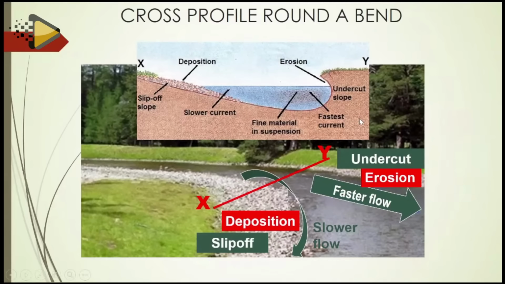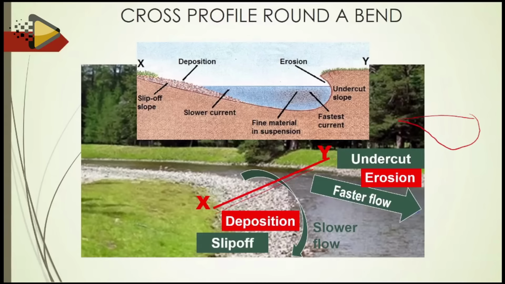And then if you are to draw a cross section of a meander, you must know it is either a tick that is straightforward or a tick that is in reverse. Where you have your undercut, it will be deeper, and where you have slip-off, it will be shallow. So you just draw a tick like that, depending on which side.